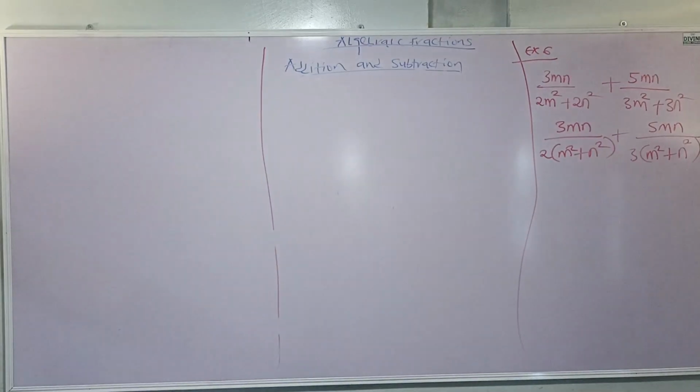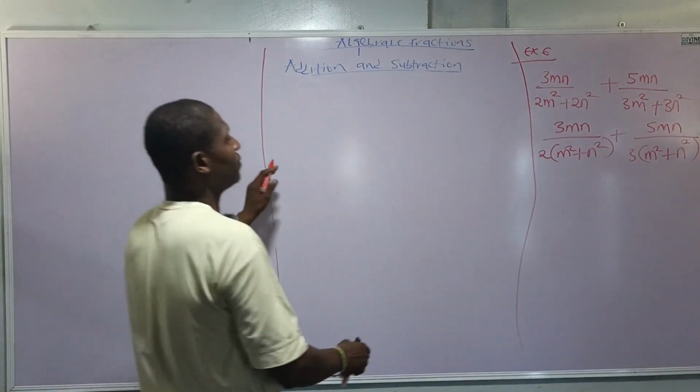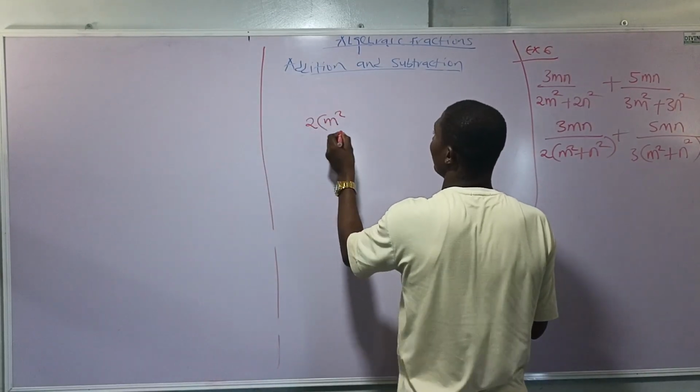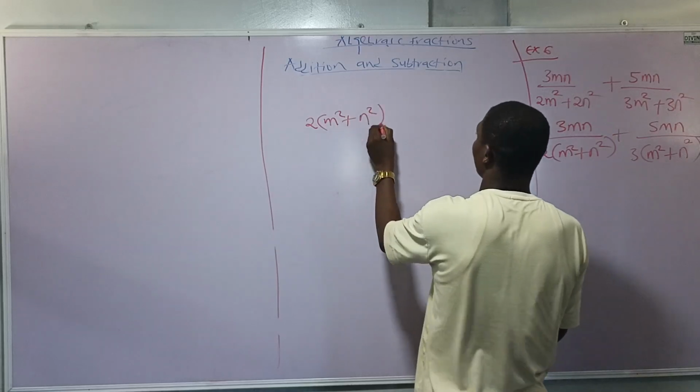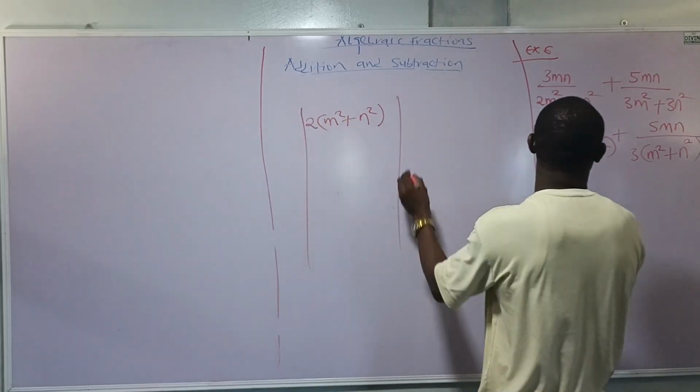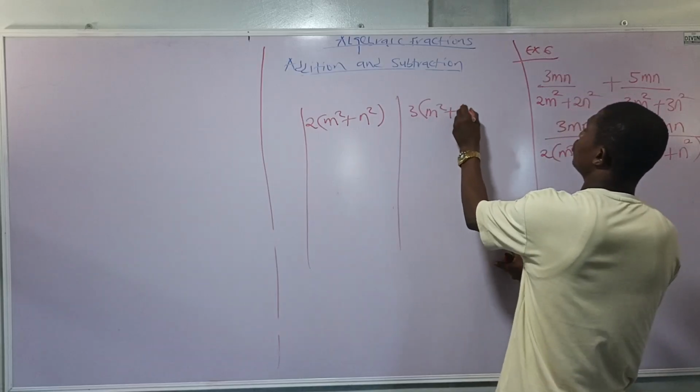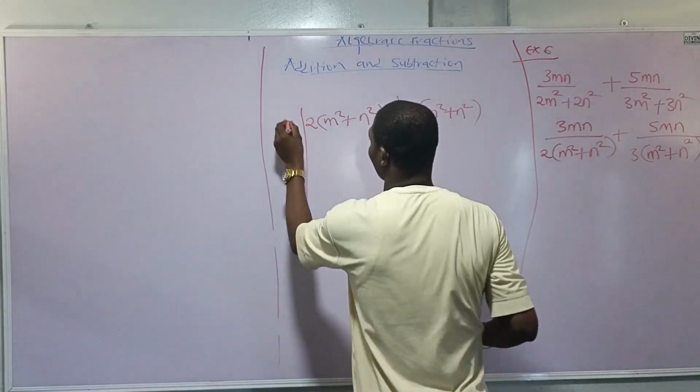Let me prove it so you understand. We have 2 in bracket m squared plus n squared, and also 3 bracket m squared plus n squared. 2 is the first number that should go.